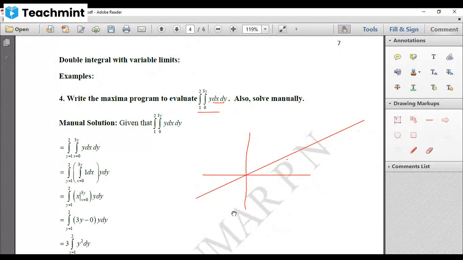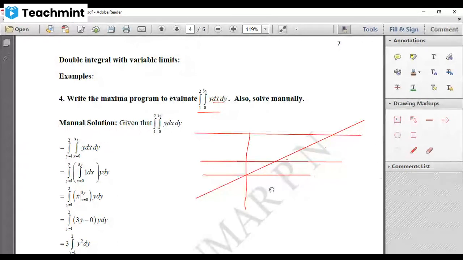Now, let us draw the lines y equal to 1. y equal to 1 means a line like this. And y equal to 2.